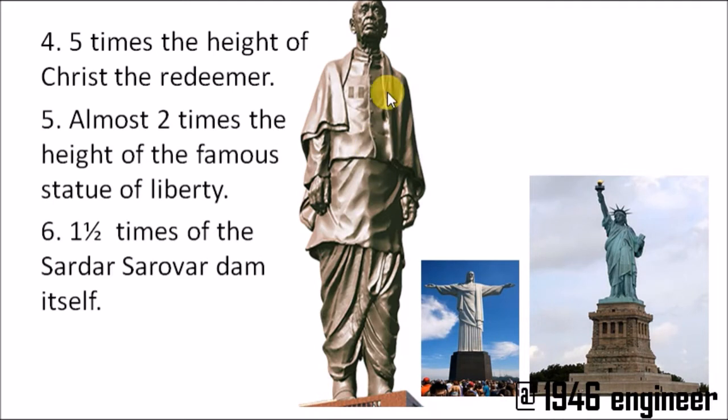The Statue of Unity of Sardar Vallabhbhai Patel is 5 times the height of the Christ the Redeemer in Rio de Janeiro, Brazil, and it is almost 2 times the height of the famous Statue of Liberty, and it is 1.5 times the Sardar Sarovar Dam itself, and it is almost the height of a 60-story building.